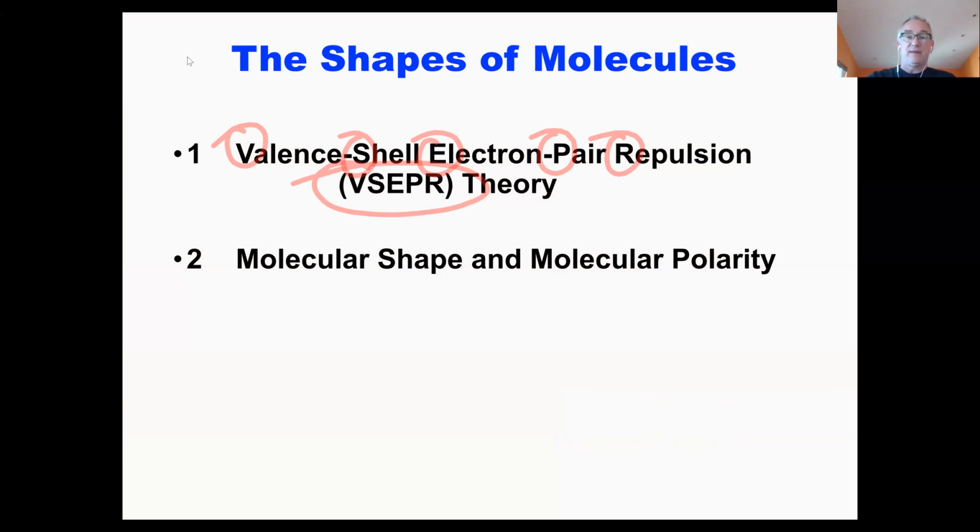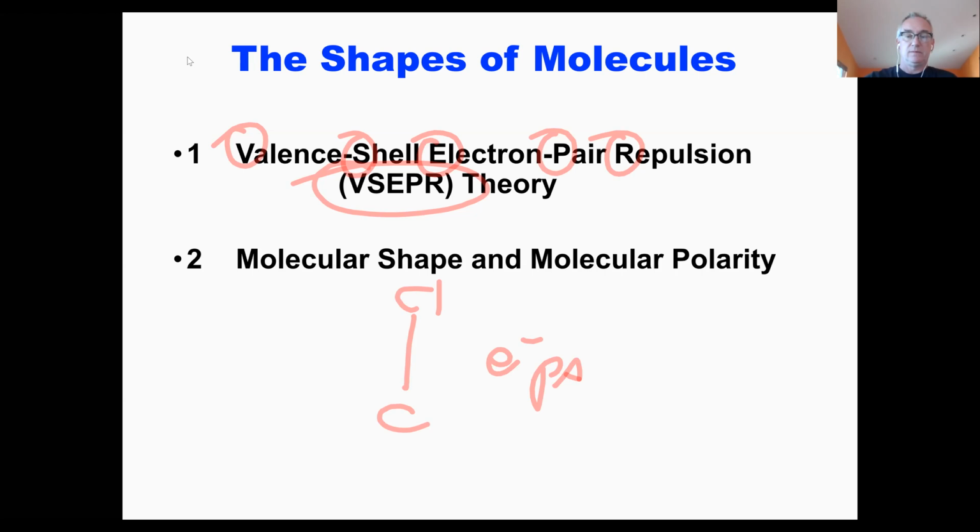Valence shell electron pair means pairs of electrons that are in bonds. So this is an electron pair, and this is an electron pair, and they don't like being close to each other in space because they're negatively charged.